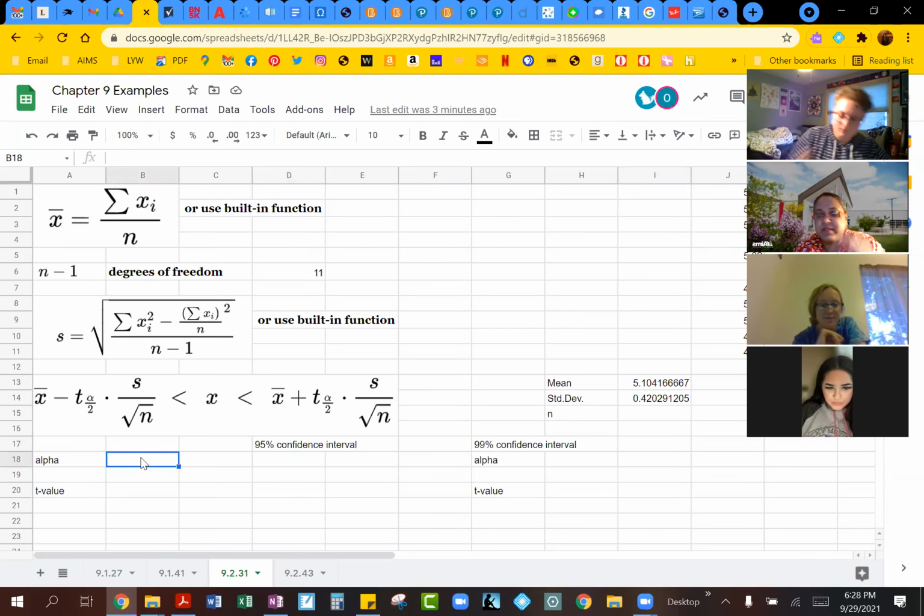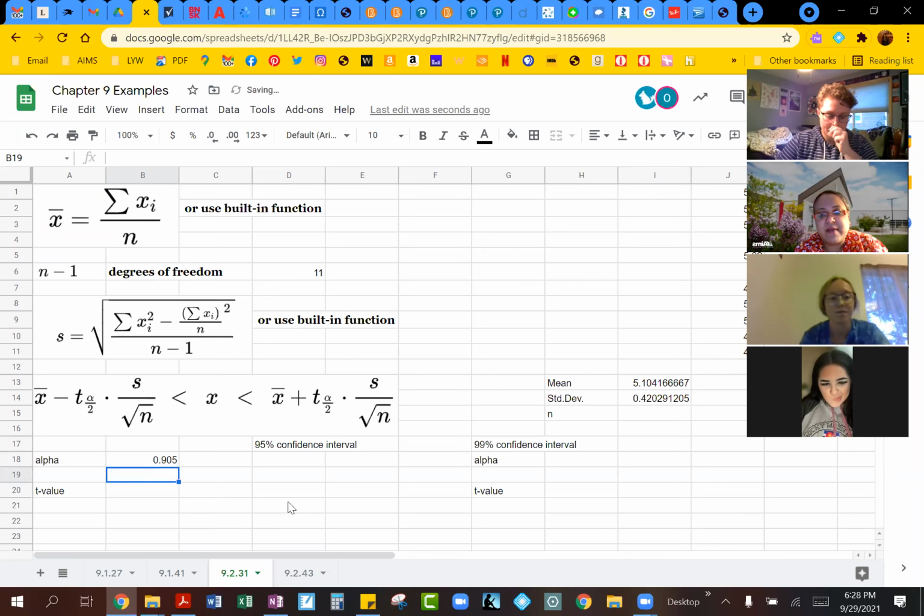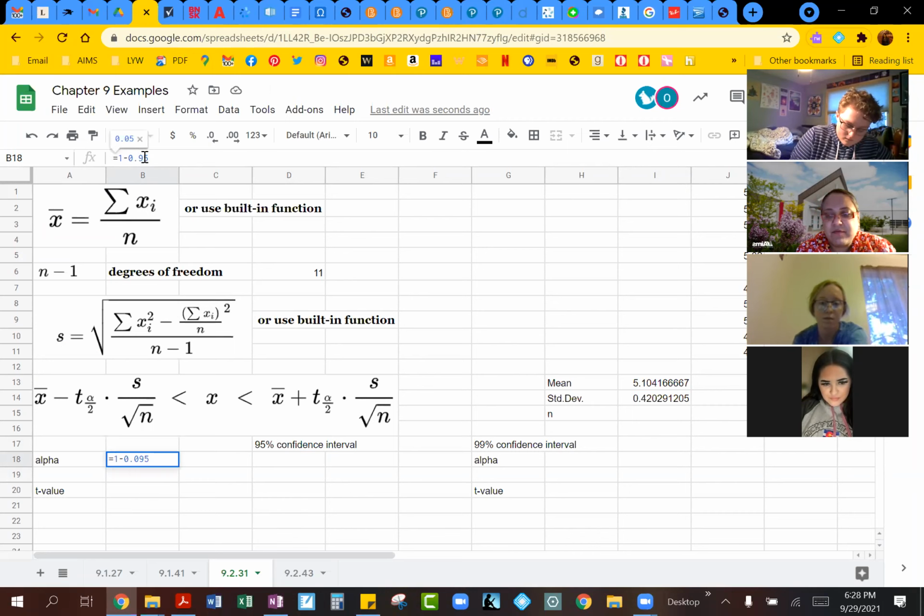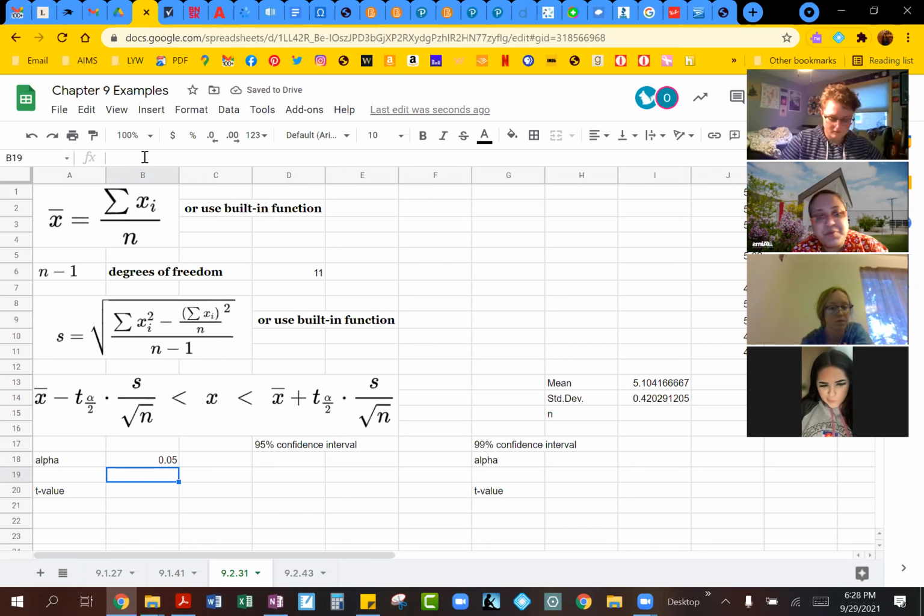So like I told you in the last example, to calculate your alpha, you will do 1 minus 0.95. Sorry, 1 minus 0.95. So your alpha will come out to be 0.05.